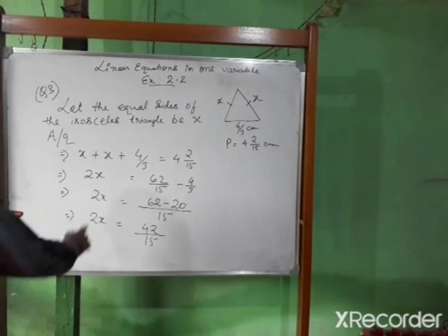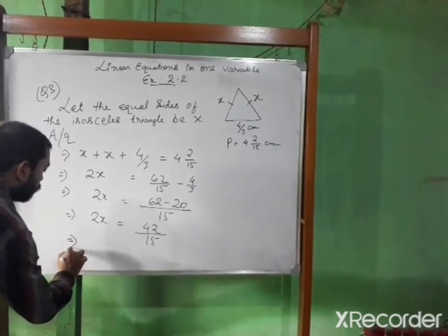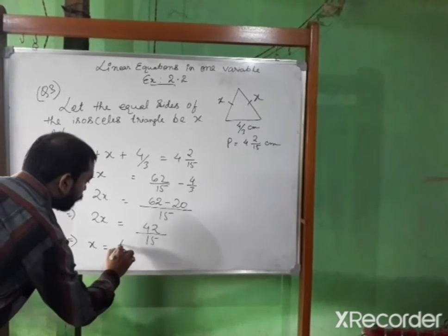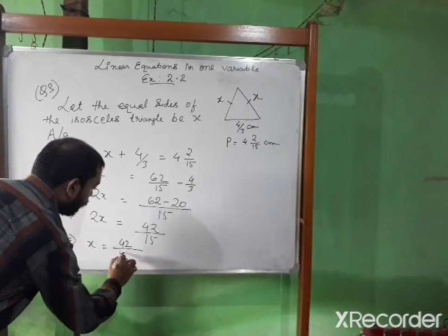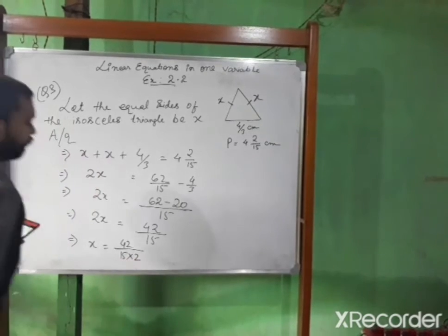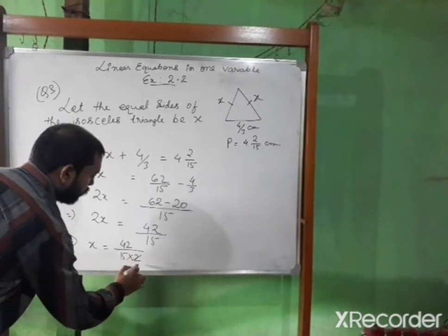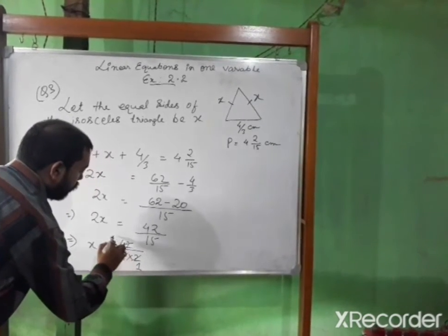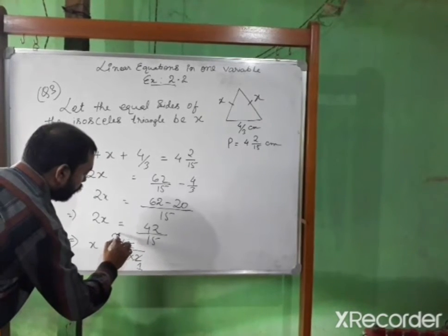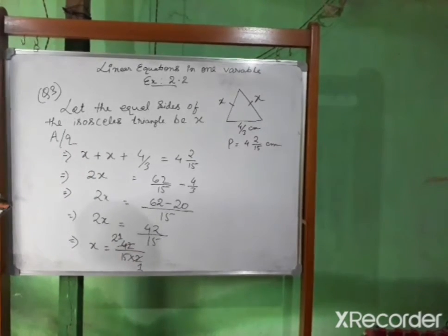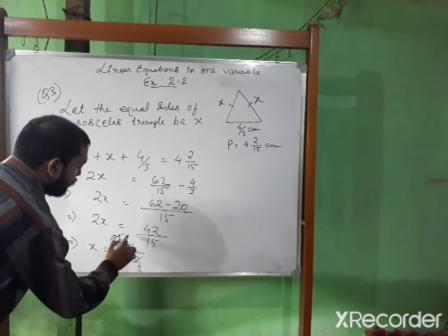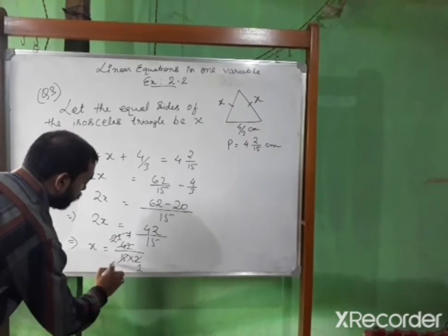So what will be the value of x? x is equal to 42 by 15 into 2. So let us reduce it. 2 1s are 2, 2 2s are 4. Again 21 by 15 we can reduce by 3. 3 7s are 21, 3 5s are 15.